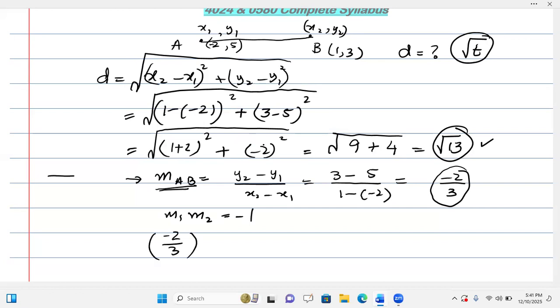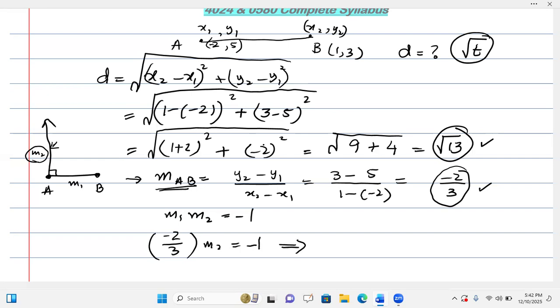Let's suppose this is line AB, whose gradient is -2 by 3, and the line perpendicular at point A, making 90 degrees, has gradient m2 and passes through point A. For the gradient of this line, you will use the relation m1 times m2 equal to -1.